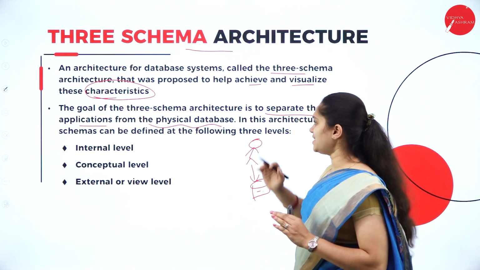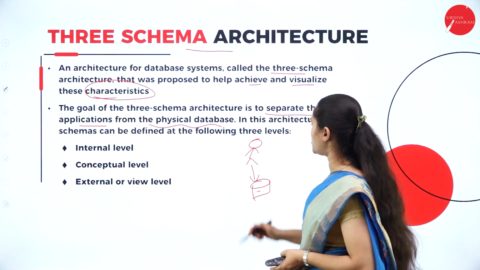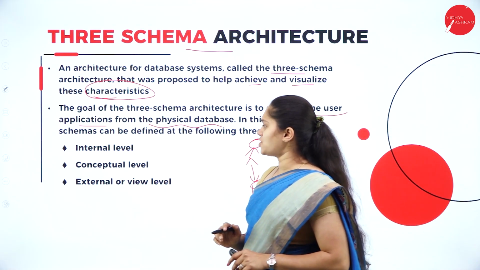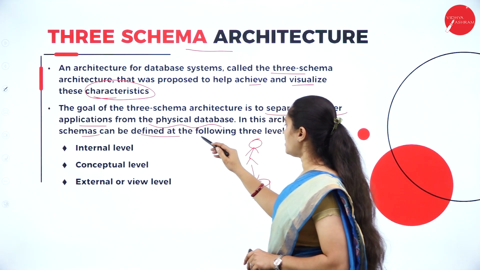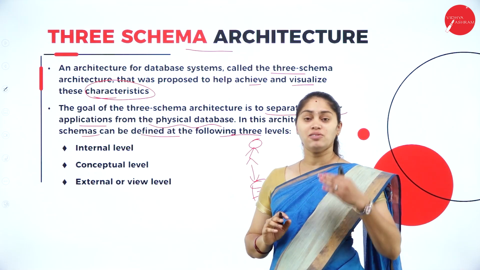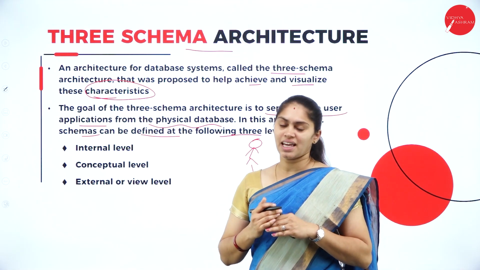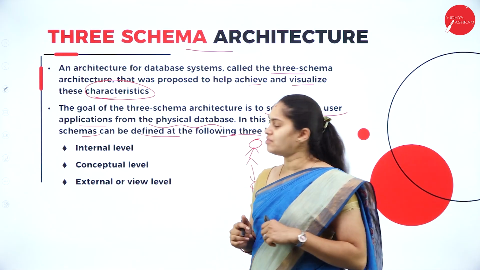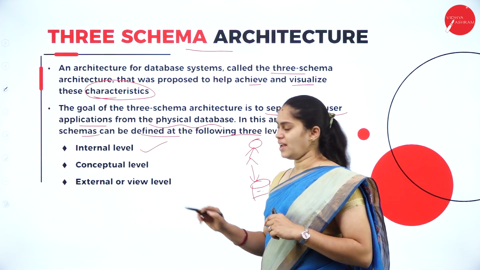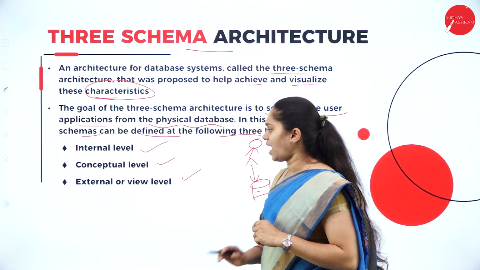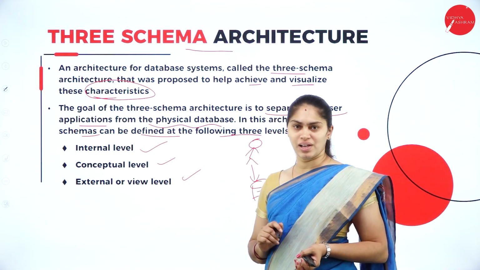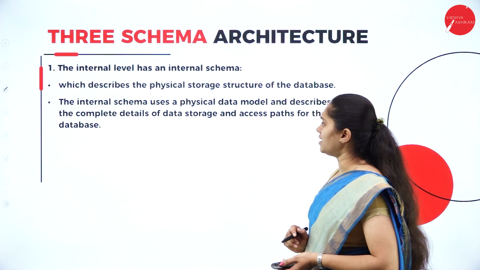In order to do this, we have the 3 schema architecture. In this architecture, schemas can be defined at the following 3 levels, describing the database at different levels. The first is the internal level, then the conceptual level, and then the external or view level. We'll see each level here.